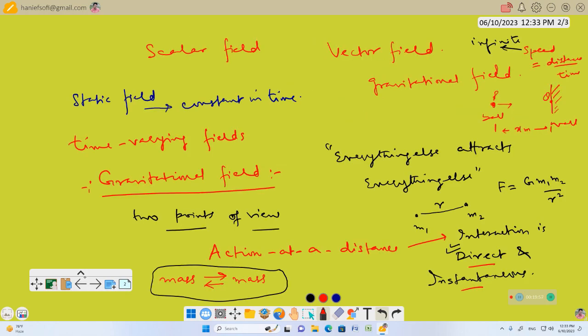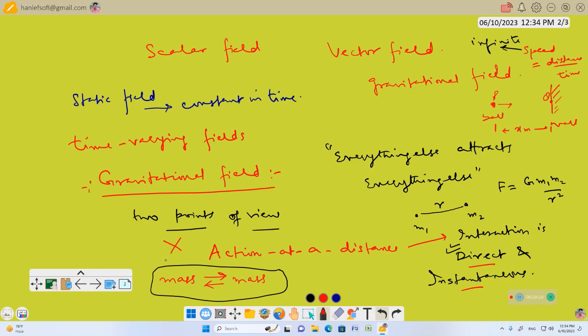So when I say the interaction between the masses is instantaneous, I am violating this postulate of special theory of relativity, because I am saying this signal from M1 to M2 goes instantaneously, it takes no time, so speed is infinite. So that's why we discard this idea.